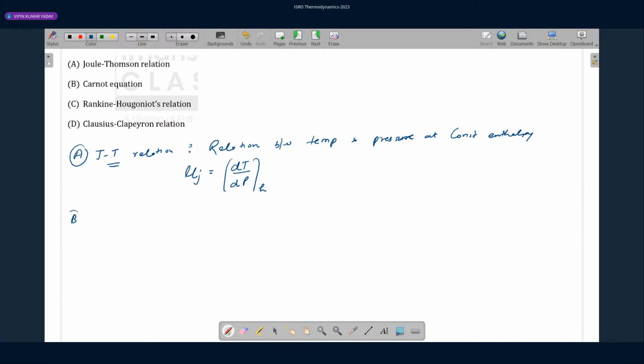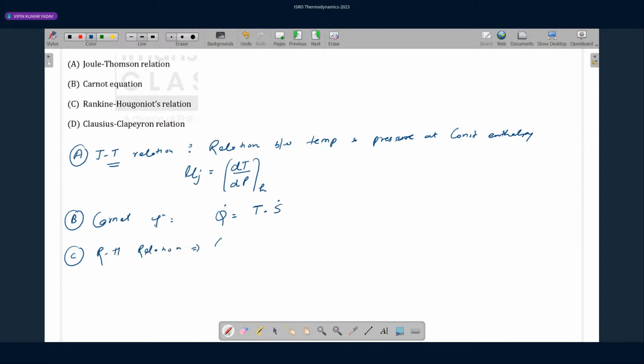What about the Carnot equation? We all know the Carnot equation gives you heat transfer, equal to temperature into change of entropy. This is your Carnot equation, so this is also not correct. What about the Rankine-Hugoniot relation?